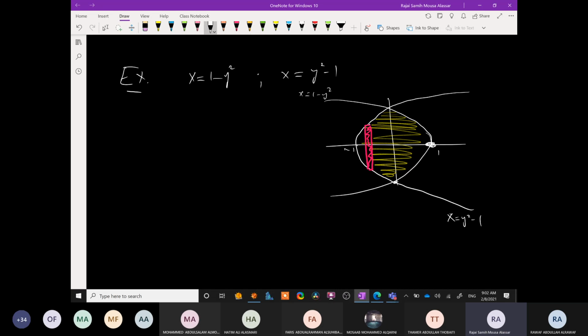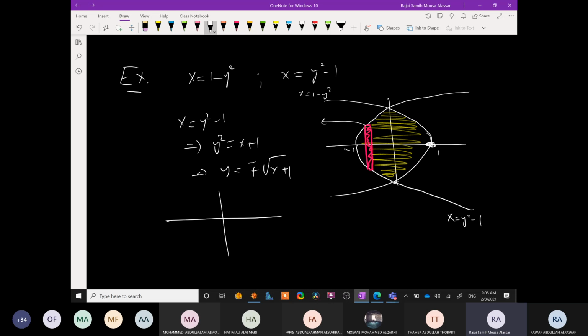What is the top function here? x equals y squared minus 1. So you need to get y. So y squared is equal to x plus 1. So y is equal to what? Plus or minus the square root of x plus 1, isn't it?